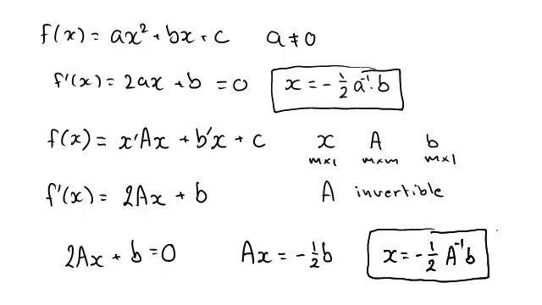Whether x is a minimum, maximum, or a saddle point will depend on the A matrix. If A is positive definite, then we know that this term is always greater than 0 except for x equal to 0, and we know that this term will go to plus infinity in all directions.